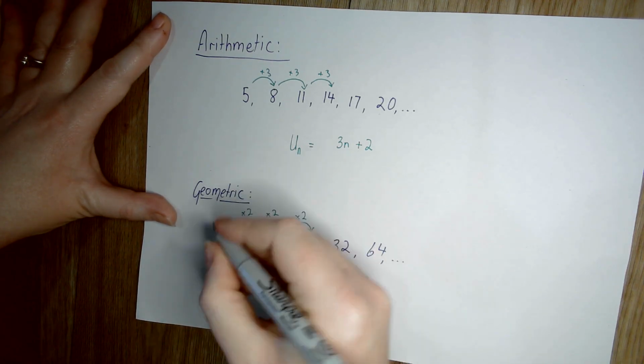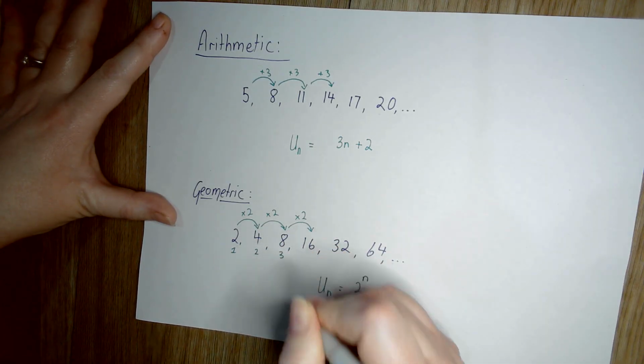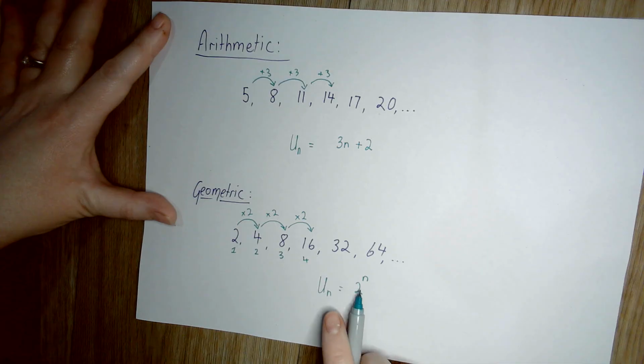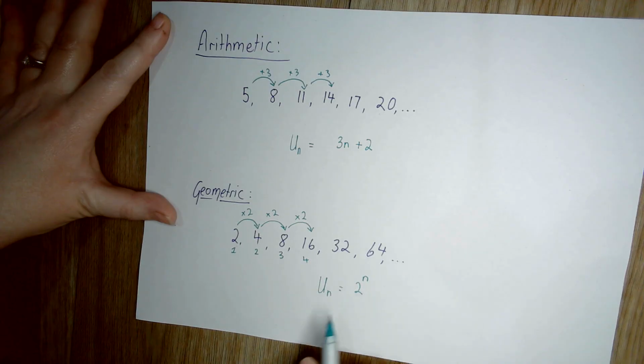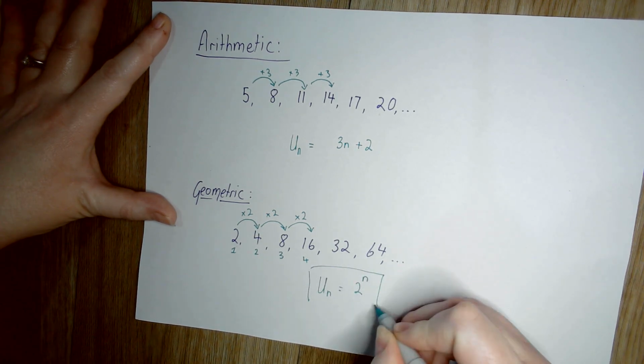This is place value 1, place value 2, 3, 4, etc. In place value 1, 2 to the power of 1 is 2, yep. In place value 2, 2 squared is 4, 2 to the power of 3 is 8, 2 to the power of 4 is 16. So this is our general solution for this term.